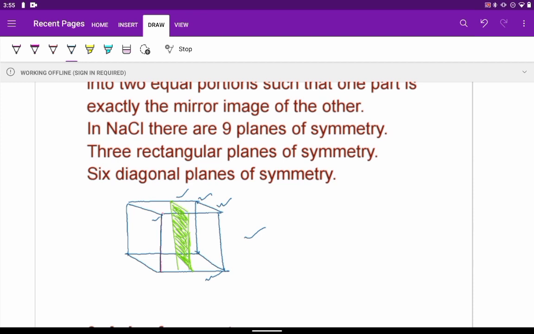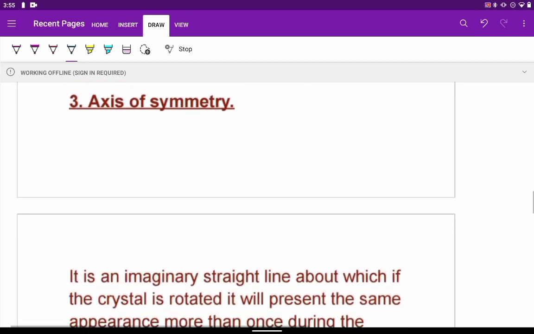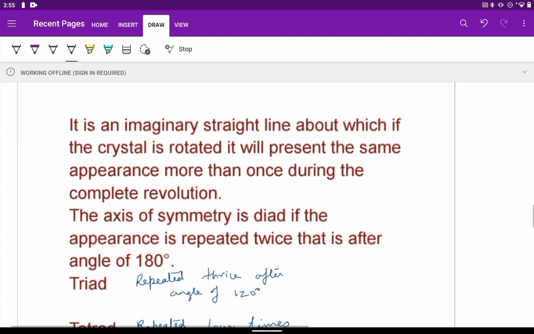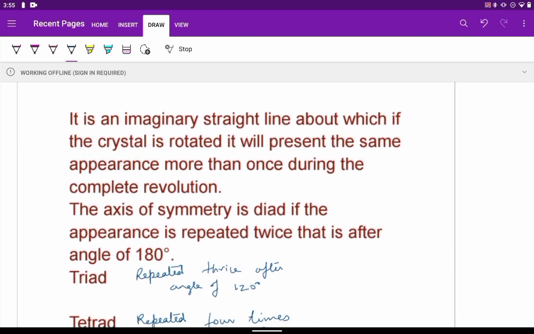Next is the axis of symmetry. An axis of symmetry is an imaginary straight line about which, if the crystal is rotated, it will give the same appearance more than once. When we do a complete revolution about the axis, the same appearance will come in front of us more than once.